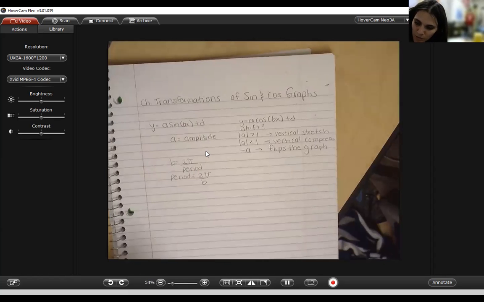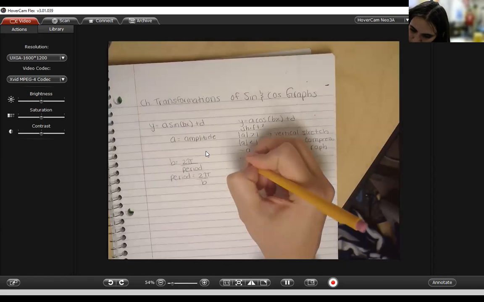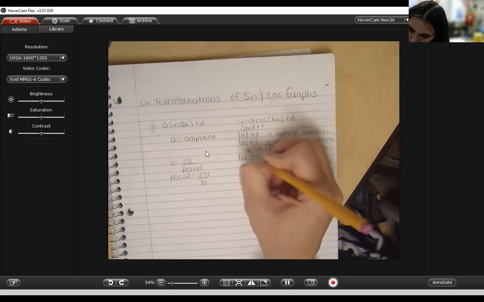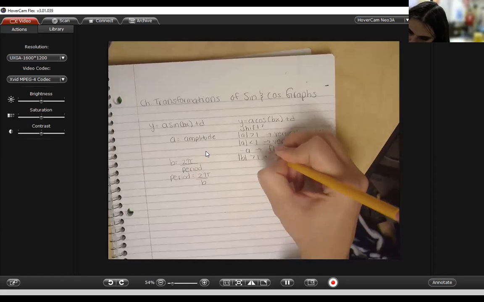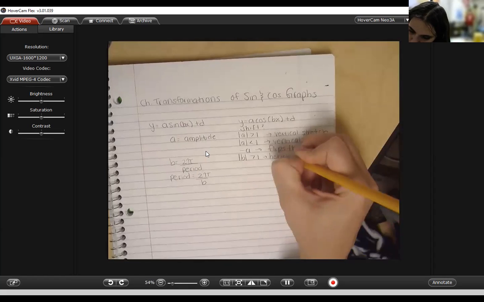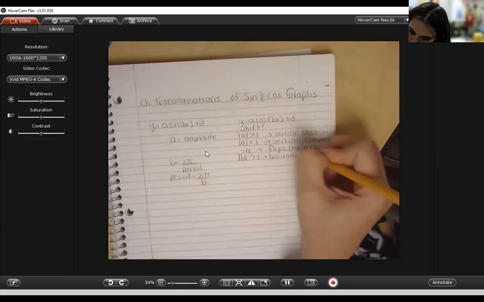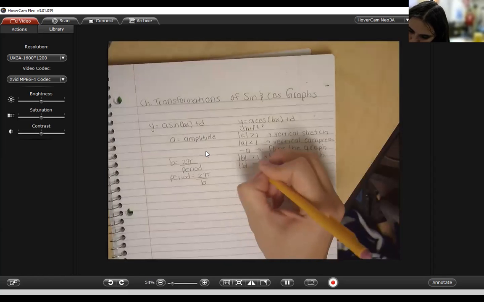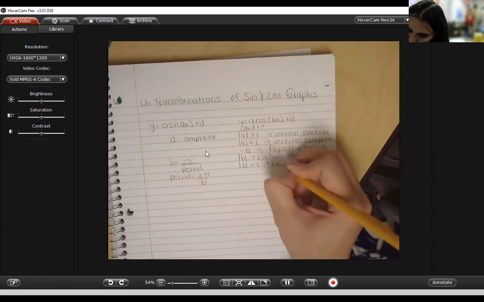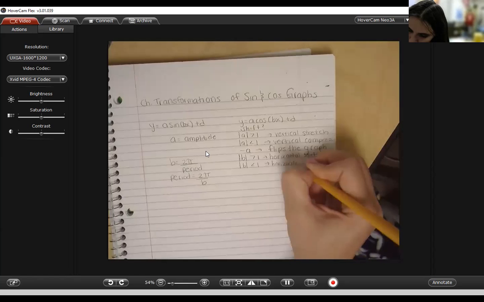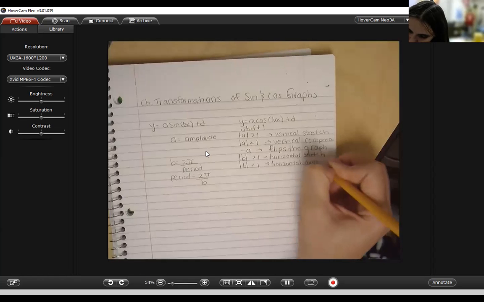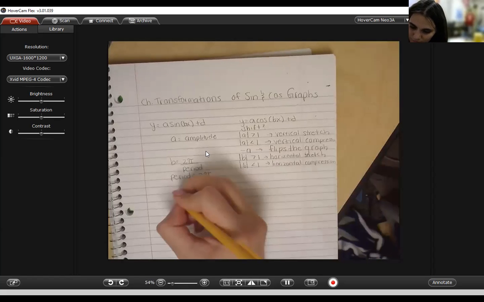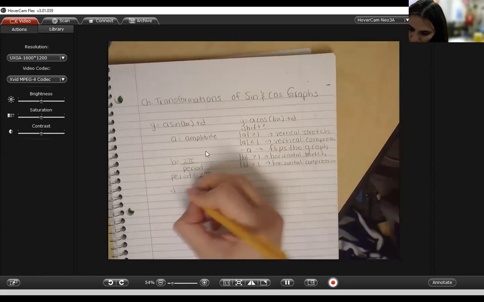So what did we learn? Well, we learned again that if the absolute value of B was greater than 1, we had a horizontal stretch. We learned that if the absolute value of B was less than 1, we have a horizontal compression. And then our last one was easy. D is going to be your midline.